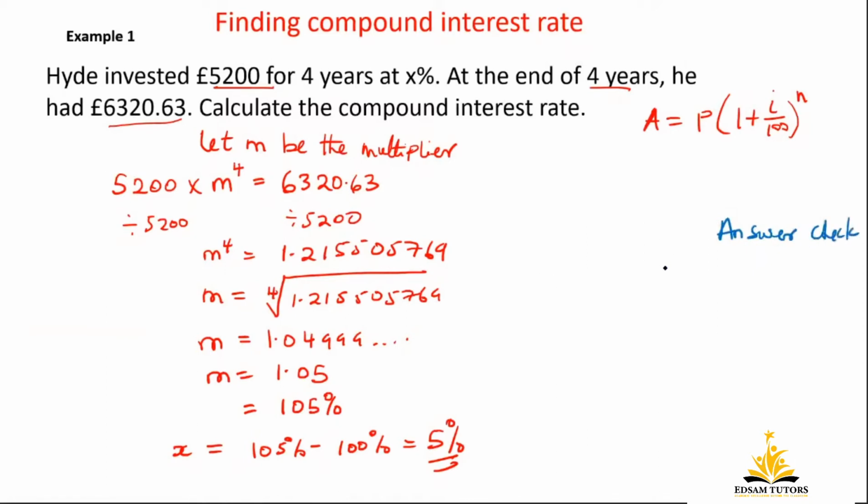So in your exams, when you've got the time, do the answer check so that you work out boldly, making sure that you're okay. 5,200 times 1.05 to the power of 4. And that gave me 6,320.63. So I know I'm correct. And that's it.